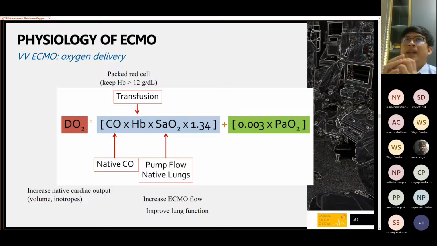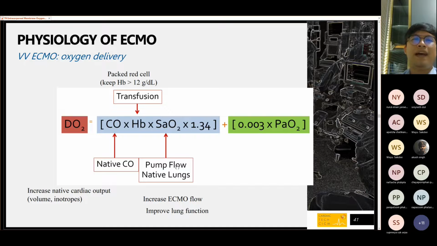So the oxygenation or gas exchange occurs before the blood goes to the native lung. We have an artificial lung and a native lung, which means the blood in the lung is already almost oxygenated.